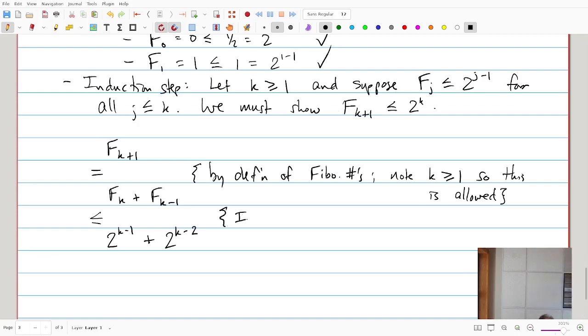This is my induction hypothesis twice. I guess you could do it one step at a time if you wanted, but I just replaced them both. Since each one I'm replacing by something bigger, the whole thing can only get bigger, or stay the same.